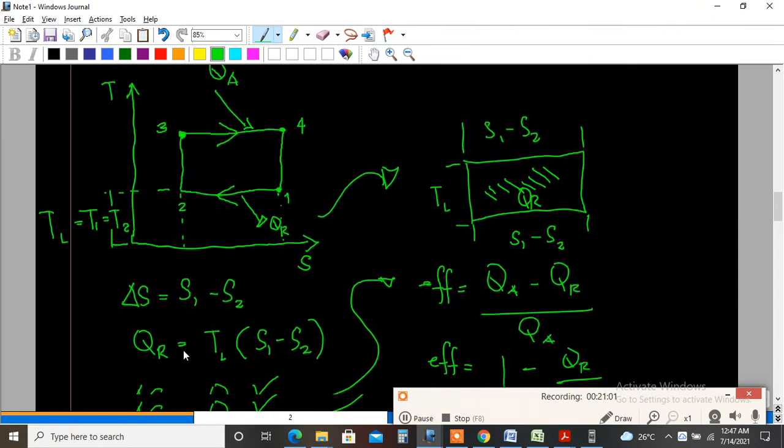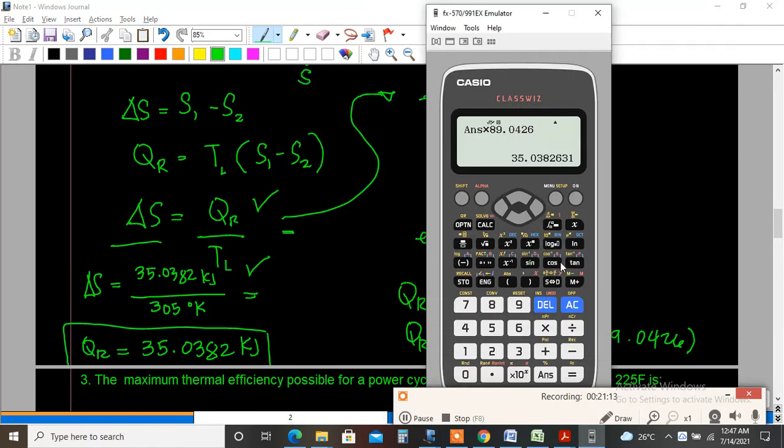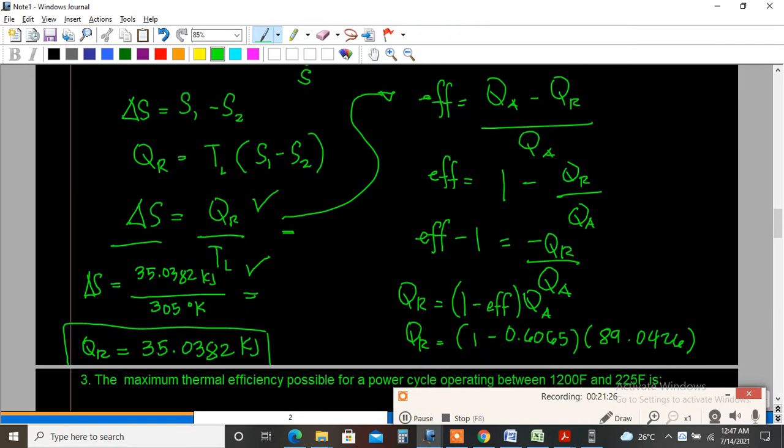Divided by 305, the answer is 0.1149 kilojoule per degree Kelvin. That is the change in entropy.